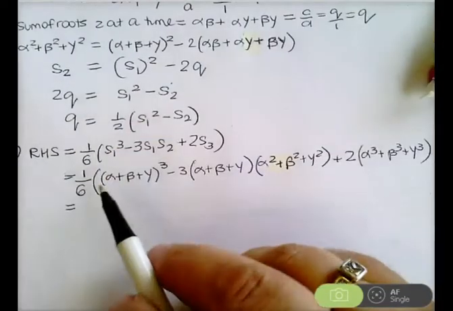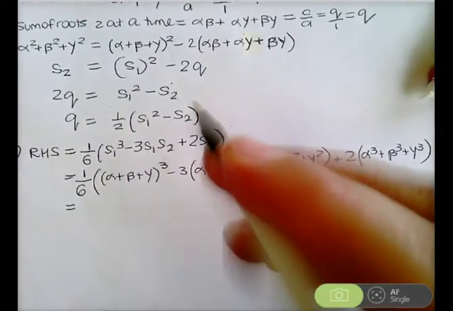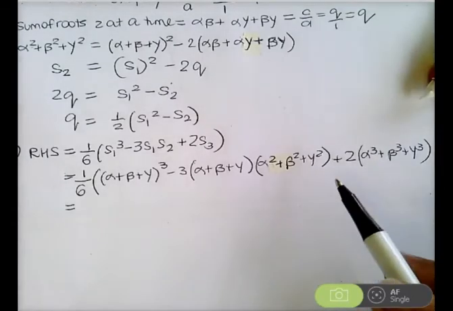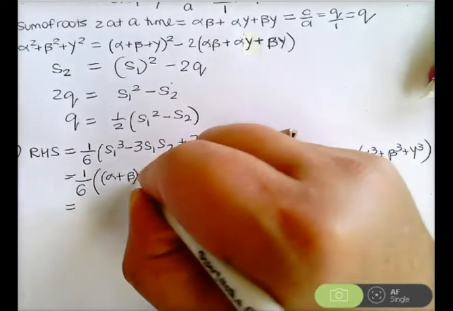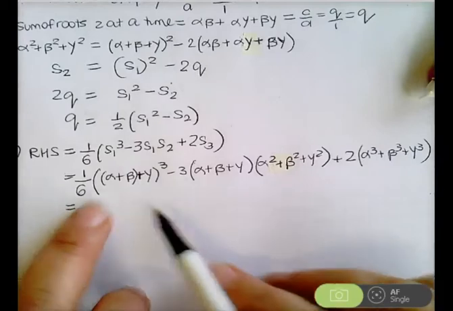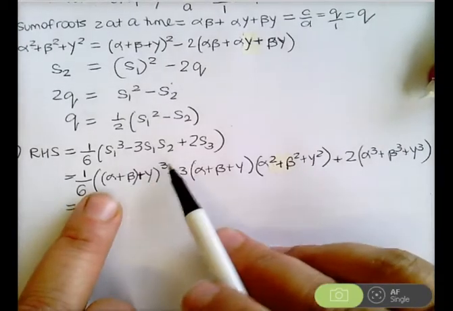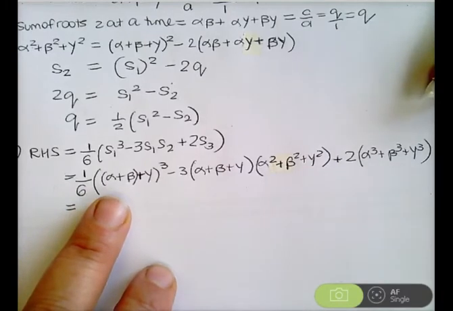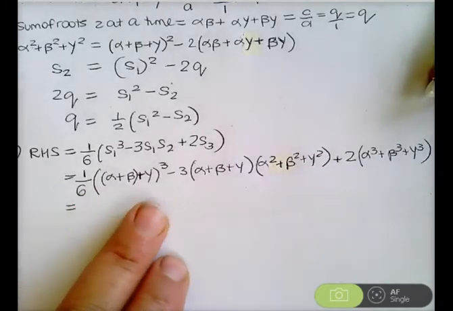To expand this, you're going to group the alpha and the beta together, because how else do you do it? You know how I showed you this before? Alpha plus beta, put them together, and do it as a cube using the binomial theorem and Pascal's triangle to expand alpha plus beta plus gamma cubed.